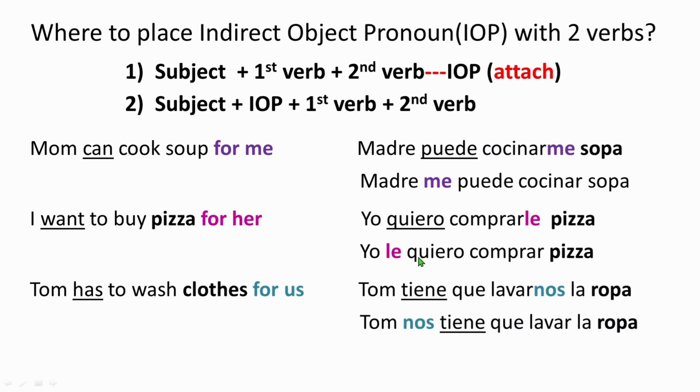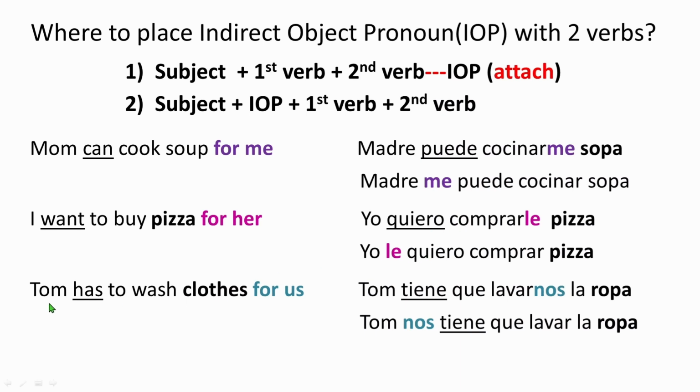Now if I literally read them, it will sound like this: I want to buy for her pizza. And this will sound like this: I for her want to buy pizza. I mean, it's very different from the English order, but both of them are perfectly fine, both perfectly correct.